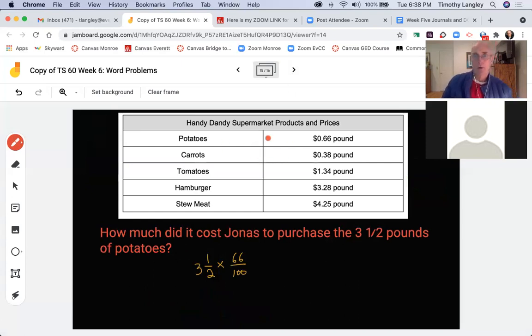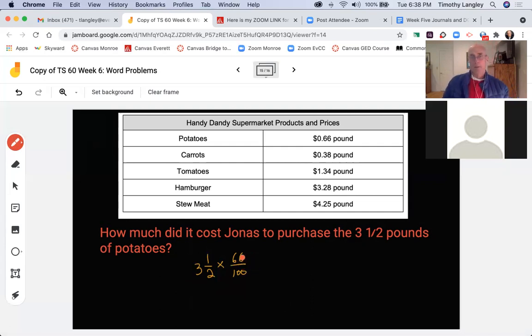Handy dandy supermarket products and prices. How much did it cost Jonas to purchase 3 1/2 pounds of potatoes? Well, if potatoes are 66 cents a pound, and Jonas bought 3 1/2 pounds, I multiply the amount that he bought times the price per pound, 66 cents, okay?